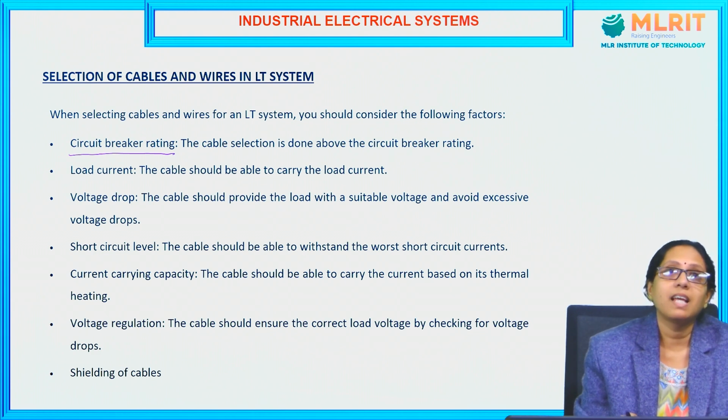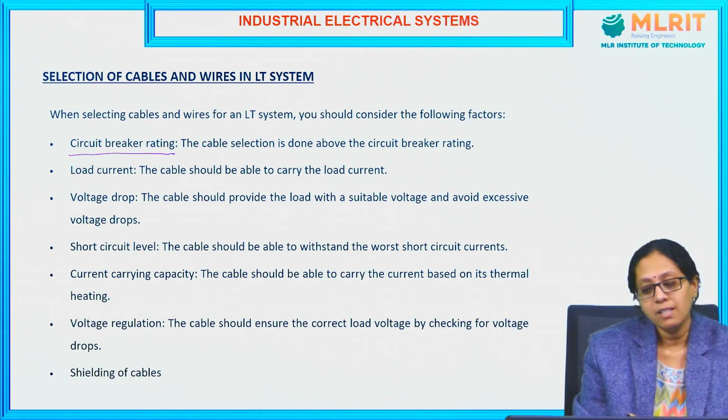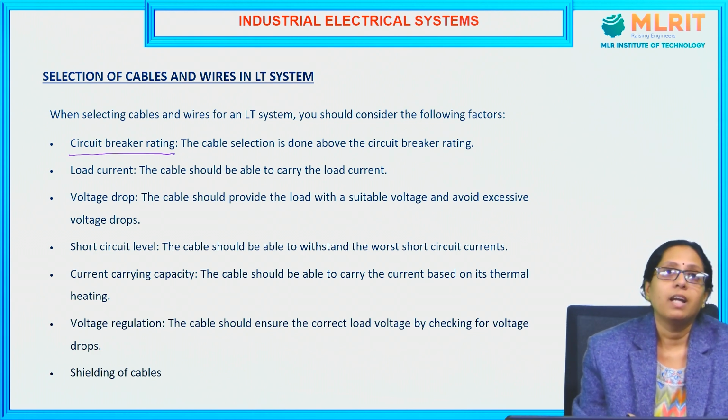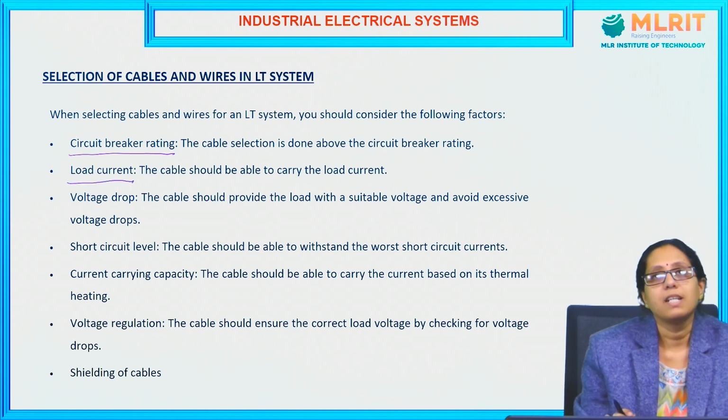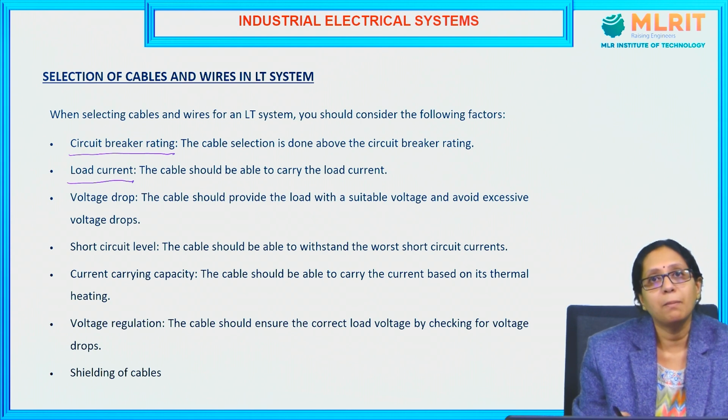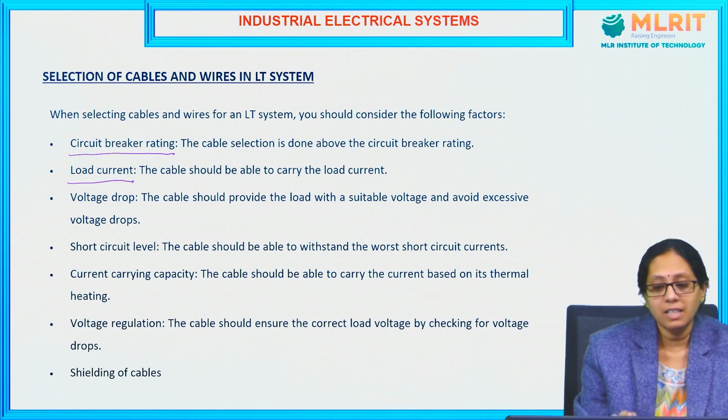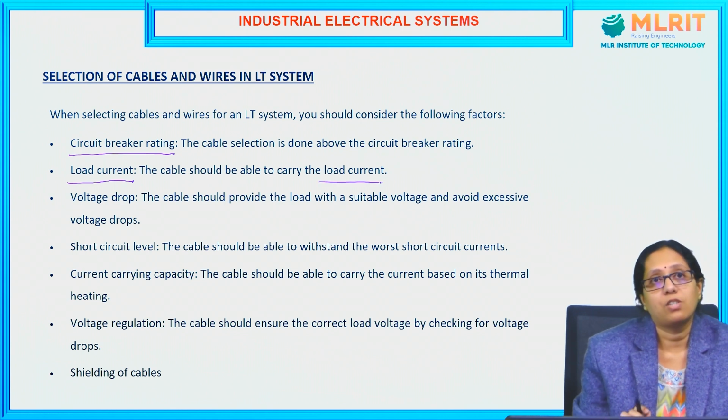The cable selection is done above the circuit breaker rating in order to protect the device. The second criterion is load current. The cable should be able to carry the load current.